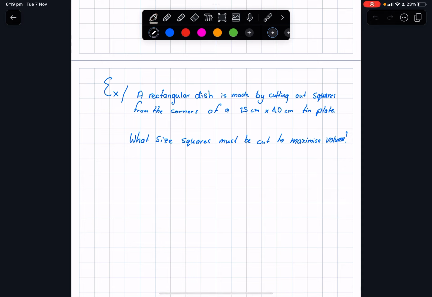So I've got a nice big rectangle plate that looks like this. Now I know this whole length here is 25 centimeters, and that's the same as down here. And then these two lengths are the same, and that's 40 centimeters. Now I've got square cuts out of the corners.